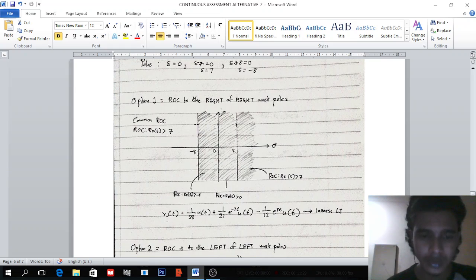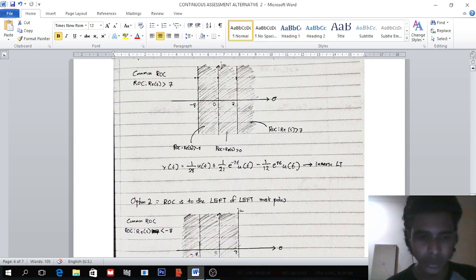So as per here, the inverse LT would be x(t) equals 1 over 28 u(t) plus 1 over 21 e to the 7t u(t) minus 1 over 12 e to the negative 8t u(t), and that's all.